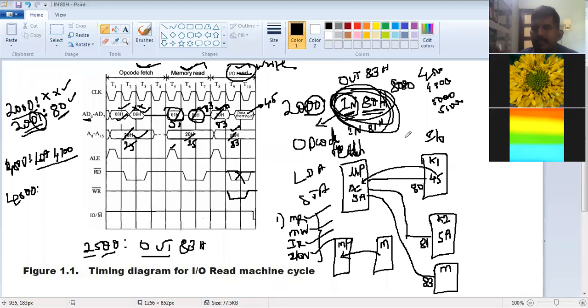Industry people require the process to be completed in 20 minutes or 20 seconds. Consider some process to be completed in 20 minutes automatically. By using a microprocessor, I know my microprocessor is used for automation purposes. So I'm going to write a program for the microprocessor, but that program needs to complete in 20 minutes.